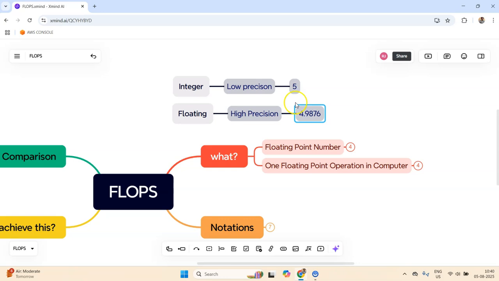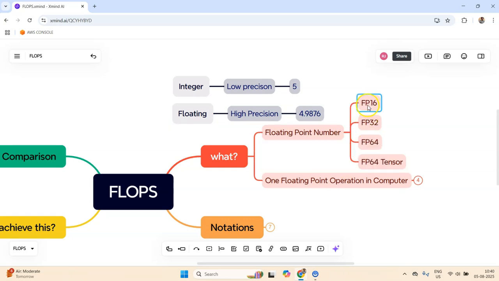Okay, so we have floating numbers in different forms. We have floating numbers starting from 16 precision, 32 precision, and although we mostly see floating point 32, we are also seeing floating point 64 these days in deep learning tasks. Now, what do floating point 32 and 64 mean? These essentially represent how many bits of information they can represent.